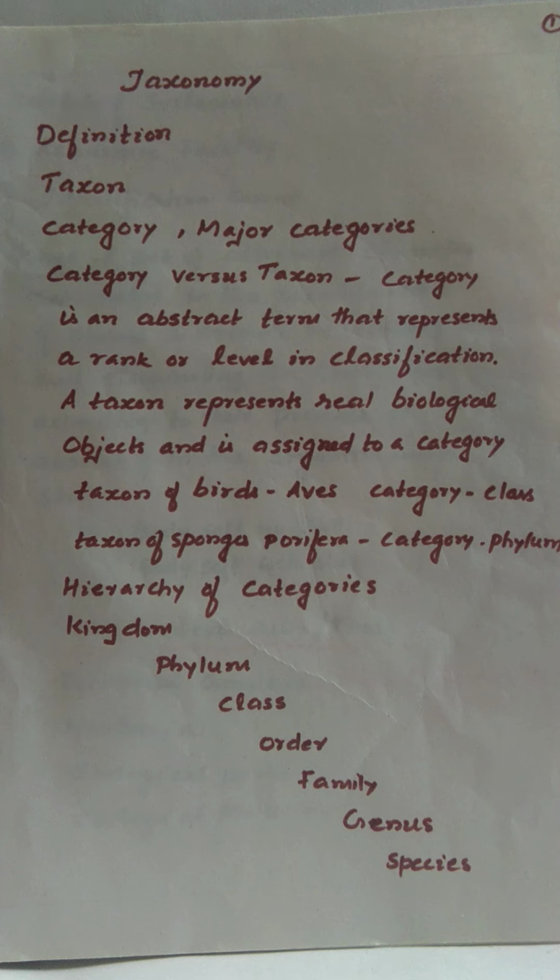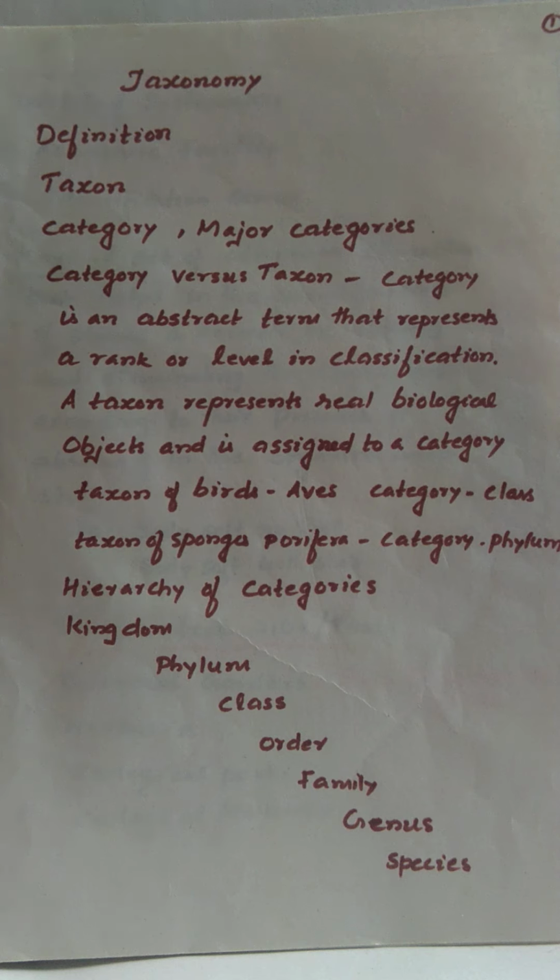Next is order. A group of related families. The family Felidae of cats and the family Canidae of dogs, the above mentioned families are assigned to the same order, that is Carnivora, because they have canine teeth and all are carnivores also. Next is class. A group of related orders. If you are taking rats, rabbits, cat, dog, all having hair and milk glands, mammary glands, are placed in the class Mammalia.